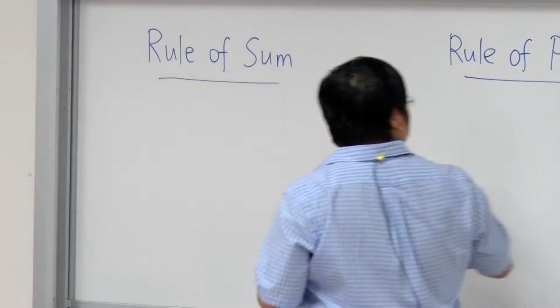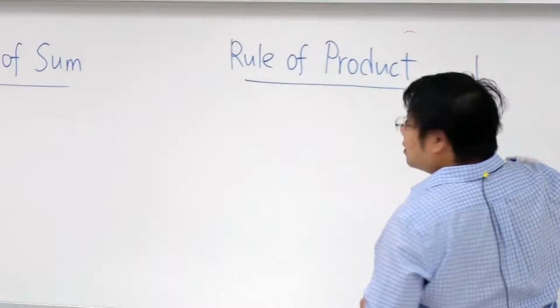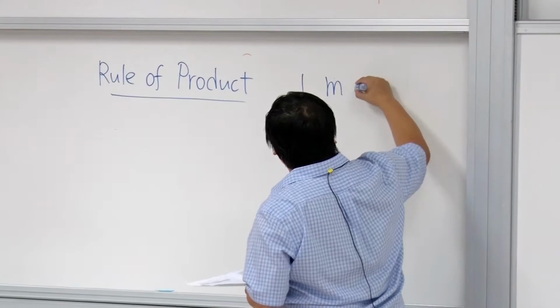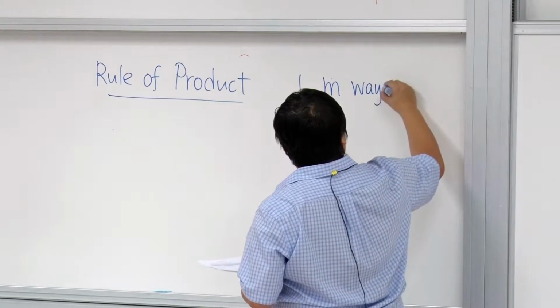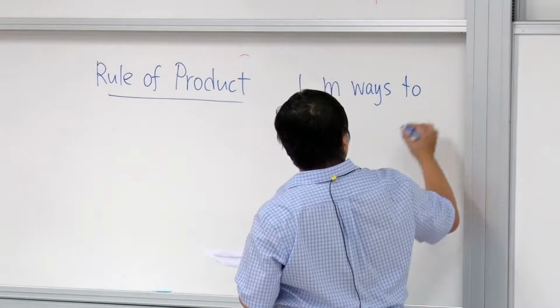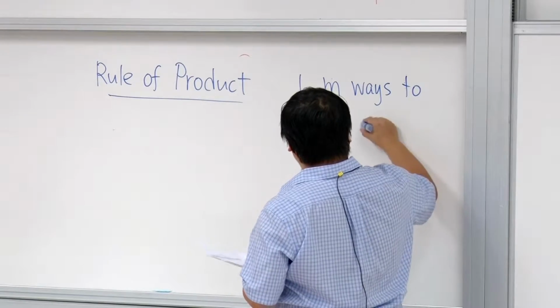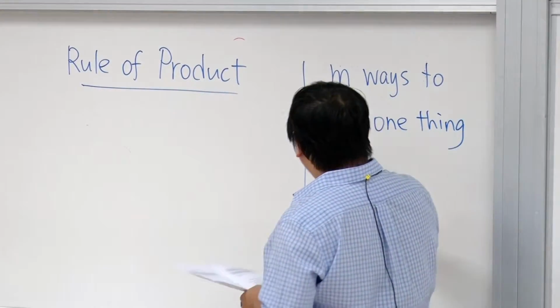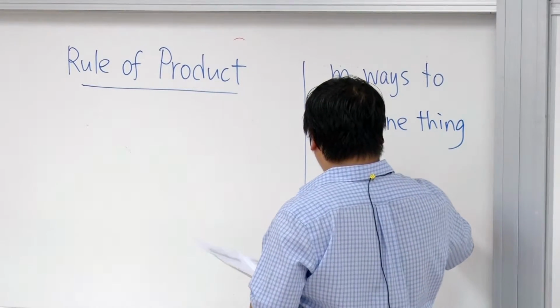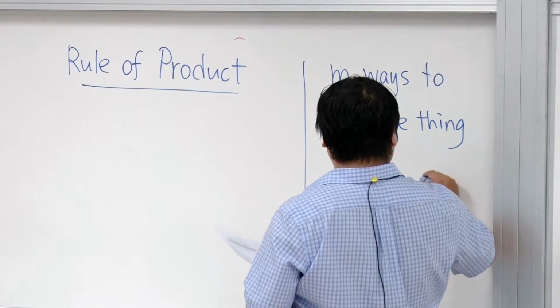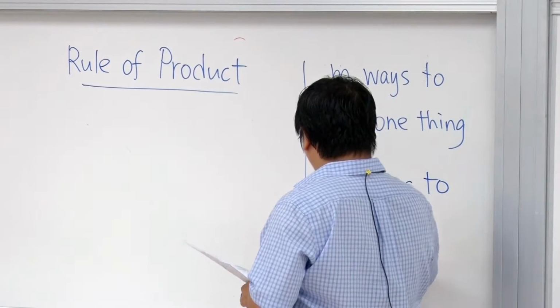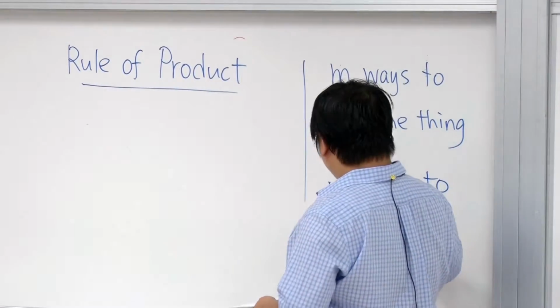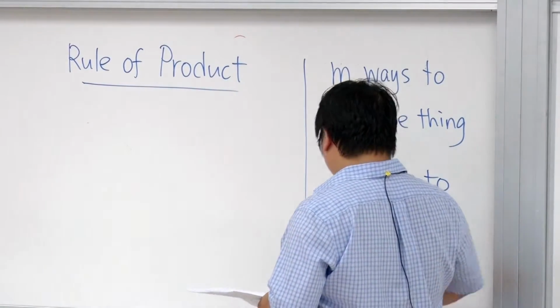Rule of sum says, suppose that there are m ways to do one thing, and then there are n ways to do another thing. So there are two things that we want to do.